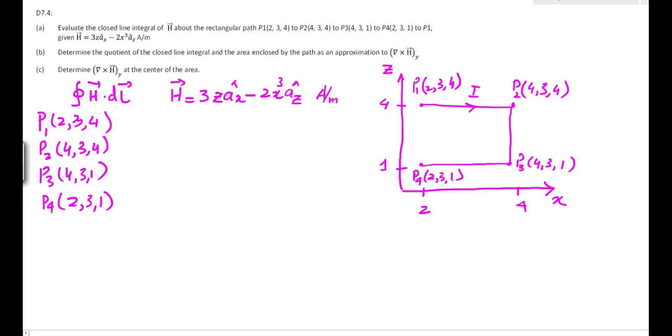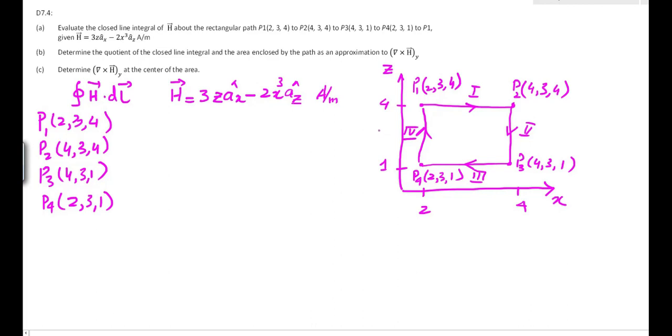The x is 2, the y is 3 and the z is 1. And then back to point P1. So this is the path given to us. Let's consider this path as path 2, this as path 3. We always go counterclockwise. This as path 4.